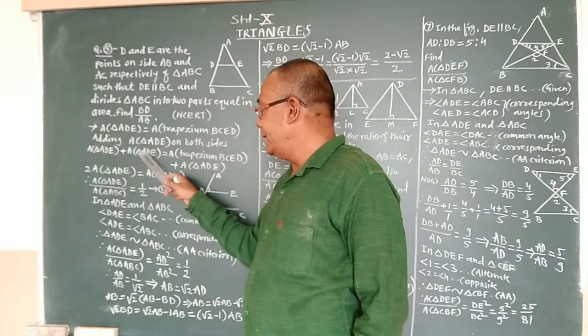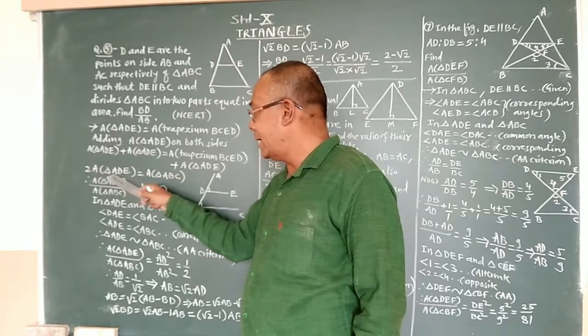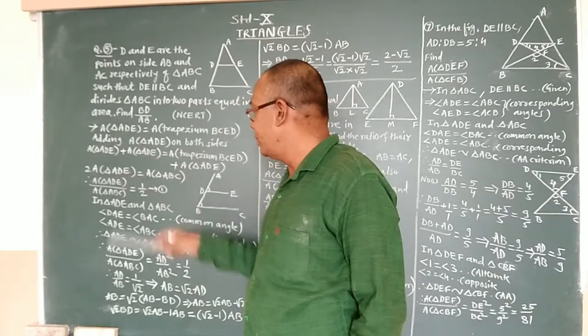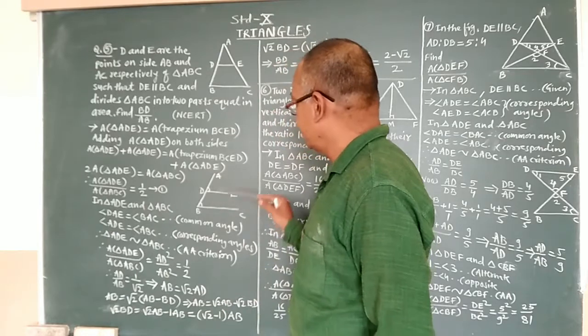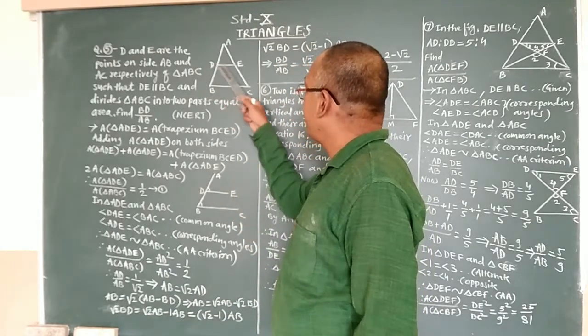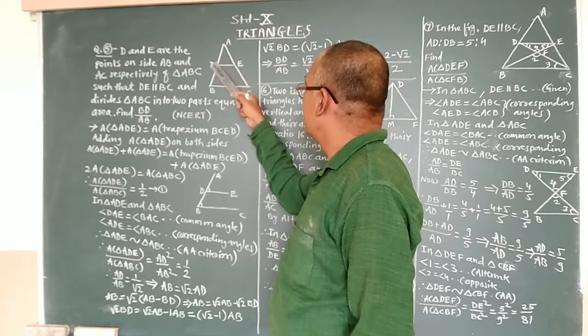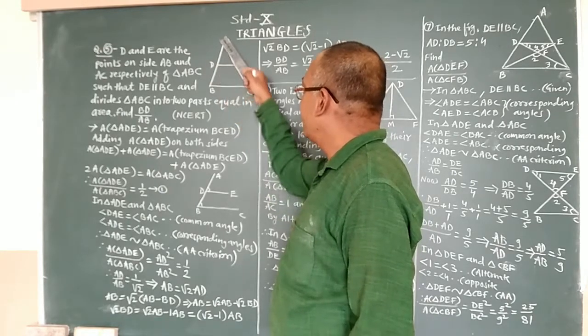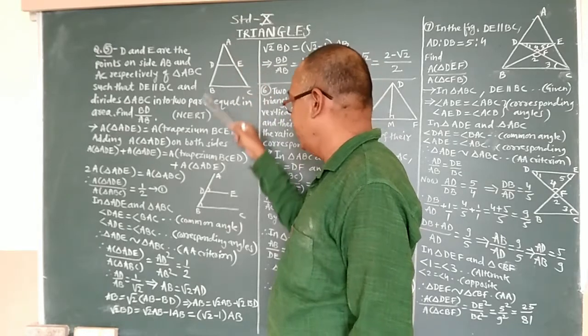ADE plus ADE will be 2 area triangle ADE, and that is equal to, now if we observe the figure, the area of the trapezium plus area triangle ADE gives our original triangle, that is ABC.